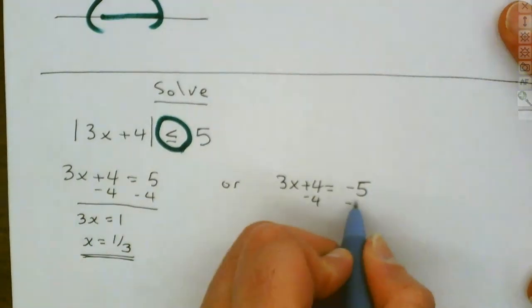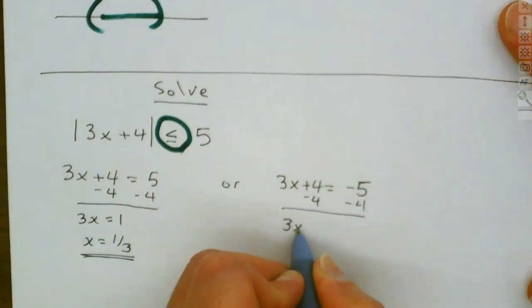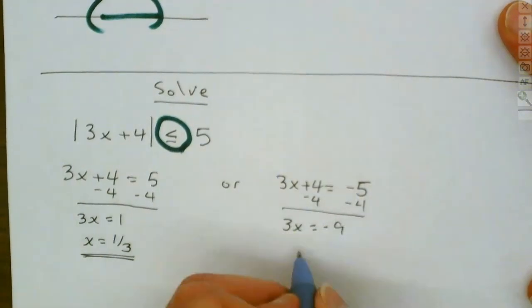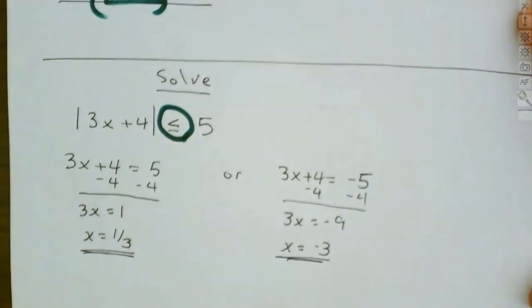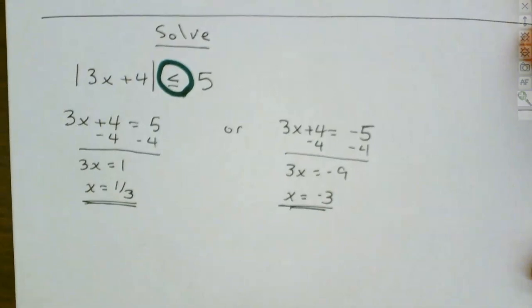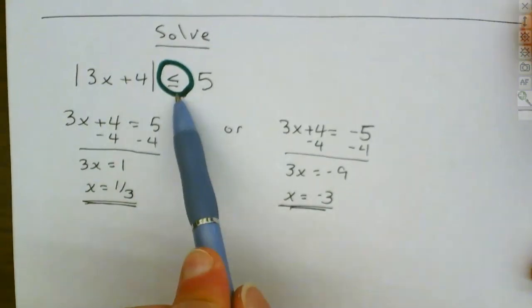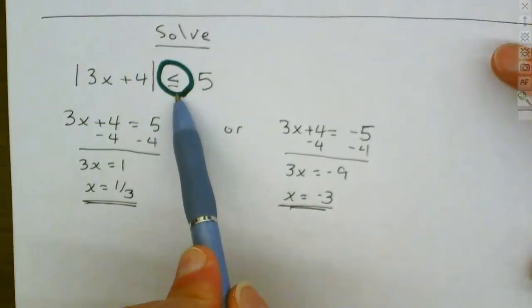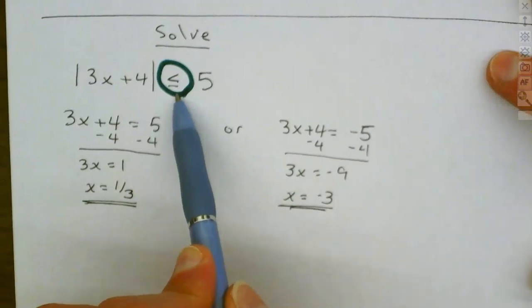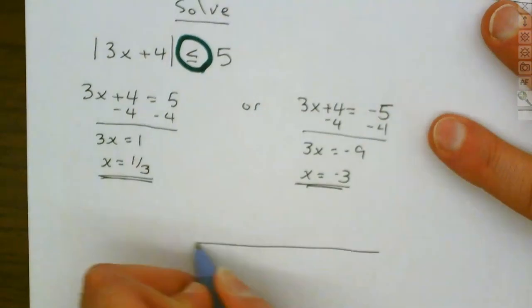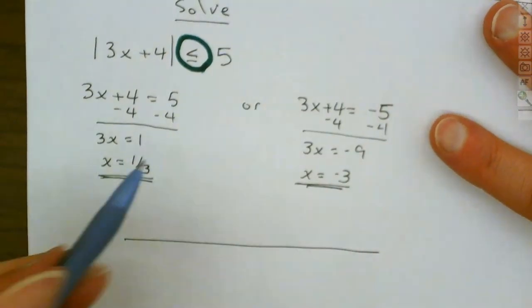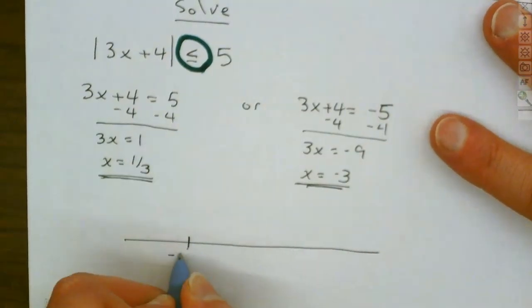Move that 4 over. 3x equals negative 9, so x equals a negative 3. We are not done, though, because this is an inequality. So that means we must graph it. Make sure they're on the number line in the correct order.